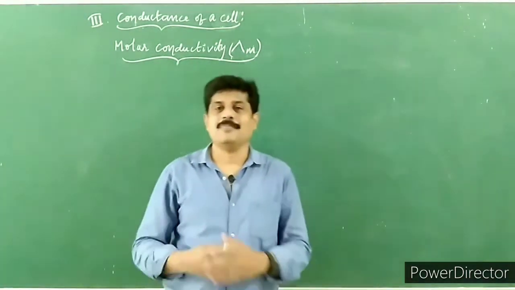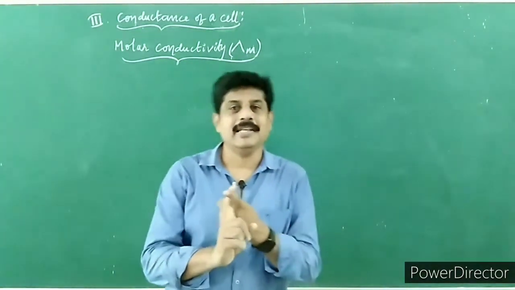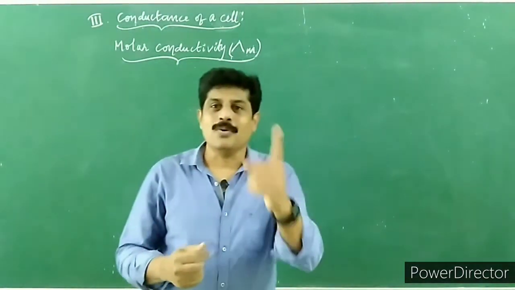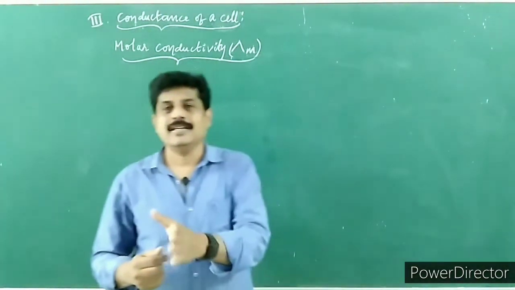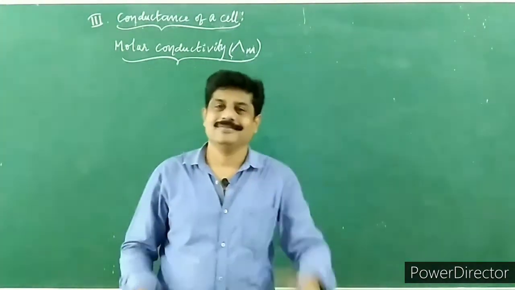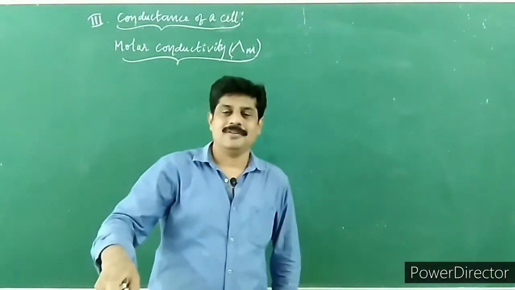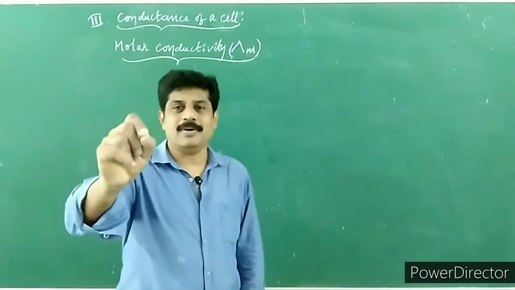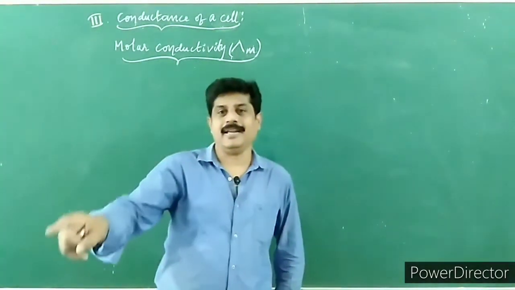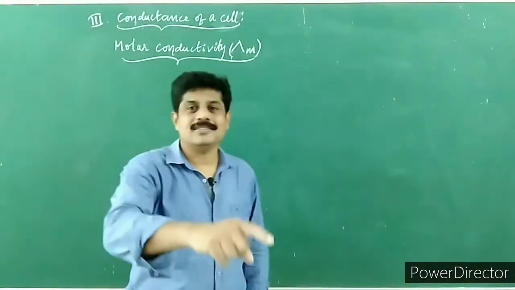Children, in the case of metal, conductivity depends upon 2 factors: nature of the metal and the temperature. For example, gold and copper have different conductivity at a given temperature, whereas in the case of electrolytic conduction, children, remember the conductivity depends not only upon temperature and nature of electrolyte but also the concentration of the solution.